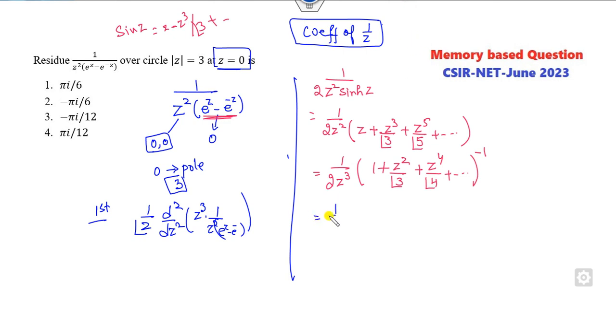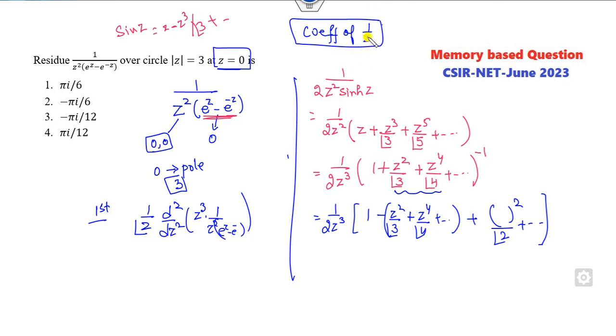Now we can apply the binomial theorem. So 1 minus x, this is 4 and so on, plus square over 2 factorial and then so on. Now we need the coefficient of 1 by z. So what is the coefficient of 1 by z? It's 1 by 2.